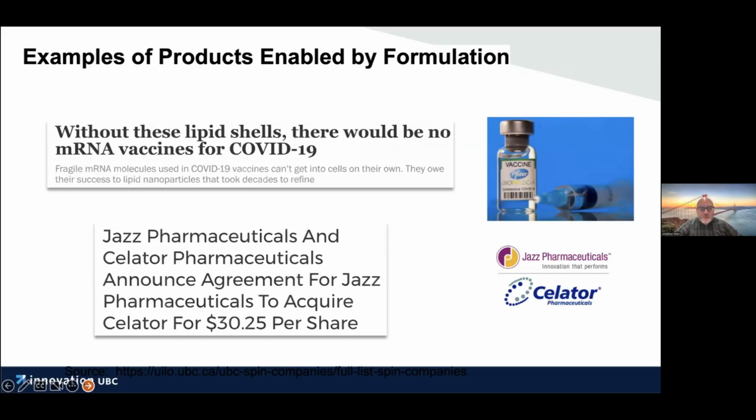And as we've all seen, it's not an understatement that it basically saved a lot of the patients around the world. Also important to the patients that receive them, Jazz Pharmaceuticals acquired Celator for a unique combination of drugs within their formulation. And I think most of us would agree that we're at the beginning of nanomedicine, and there's a lot more opportunities for these types of therapies for patients around the world.